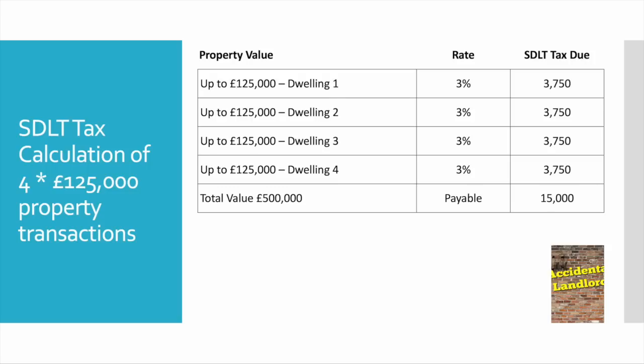Now, it has been around for a number of years, and basically what the legislation says is that if a series of transactions can be linked together, a good example of this would be a single vendor selling to a single purchaser, the same transaction in properties or dwellings in the same physical residence, that could be called a linked transaction.